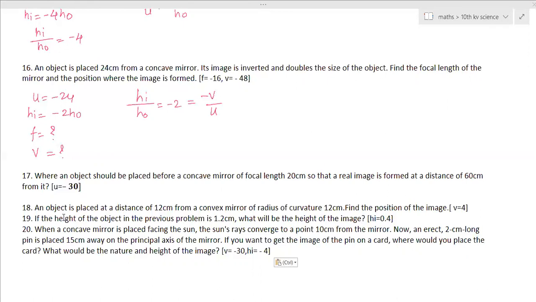Same as the 17th question. 18th, 19th you can solve, they are same. Ma'am, is the 20th U minus 30? Yes, very good.